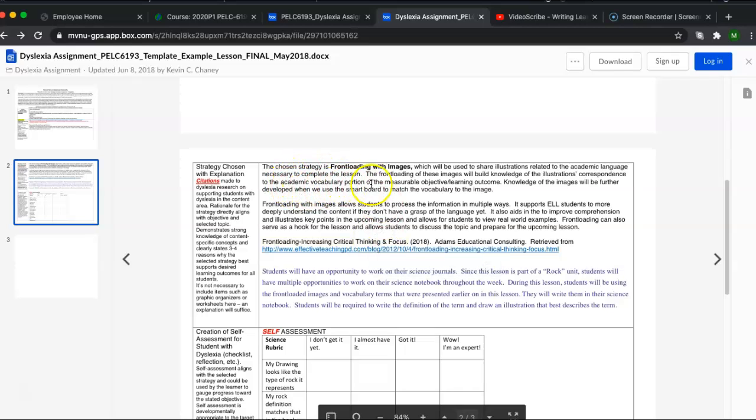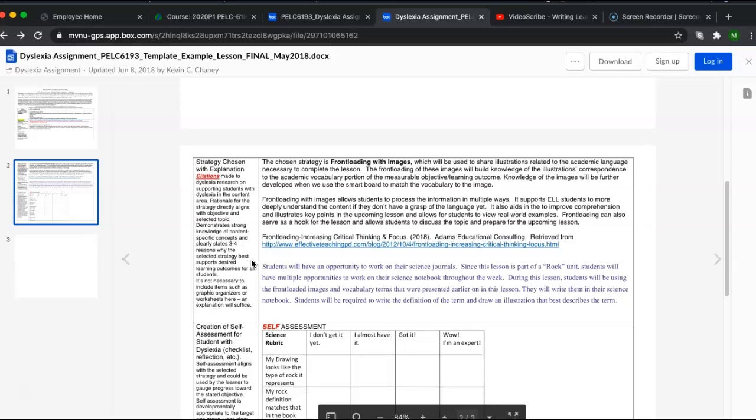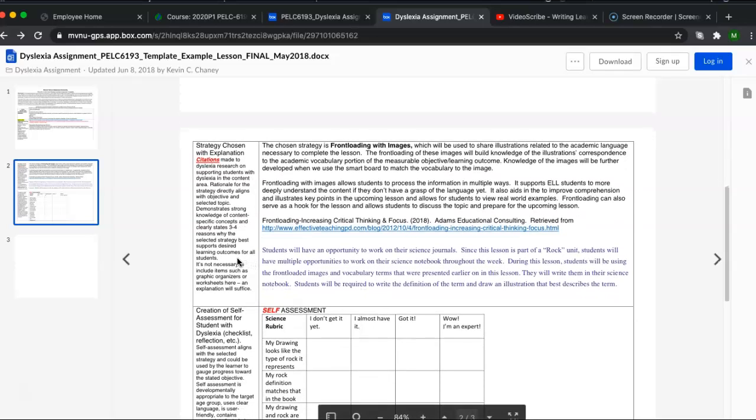So you have your chosen strategy, the rationale for the strategy, how it directly aligns with the objective and topic, demonstrates strong knowledge of content-specific concepts, and clearly states 3 to 4 reasons why the selected strategy best supports desired learning outcomes for all students.